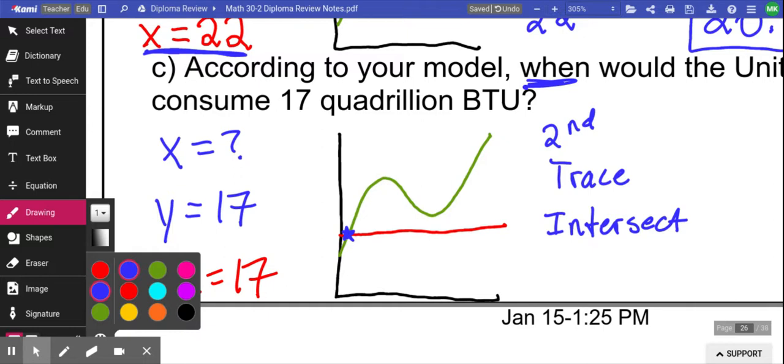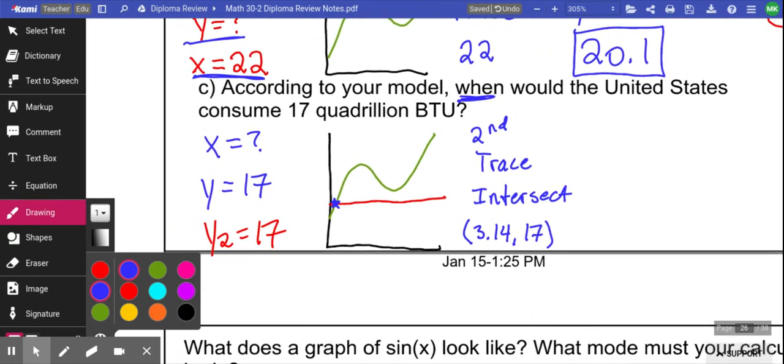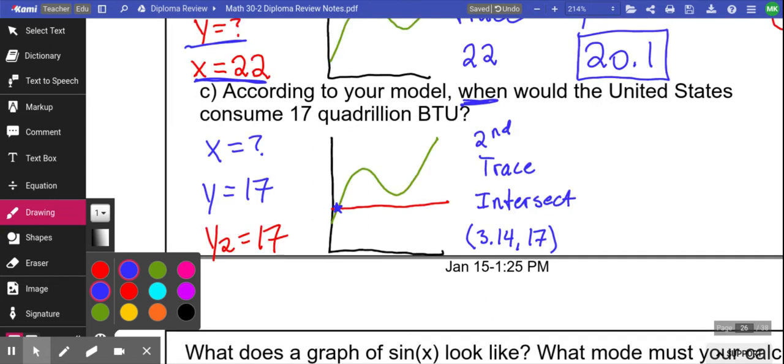Enter, enter, enter. And it tells me that at 3.14, I have 17 as my Y value. The question was, when would the United States consume 17 quadrillion BTUs? The answer is not 3.14.